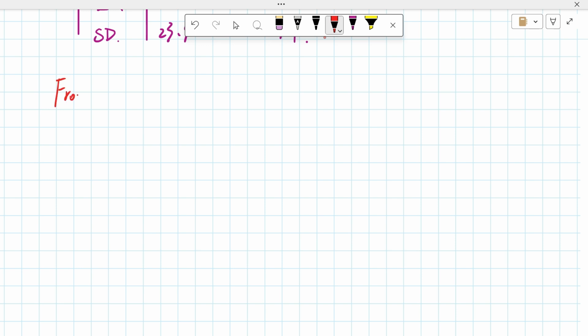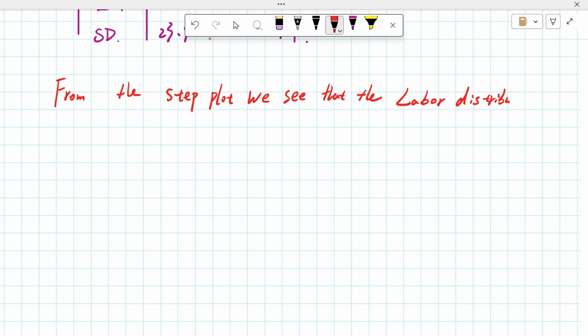So from the stats calculation, we see that the Labour distribution is symmetric.